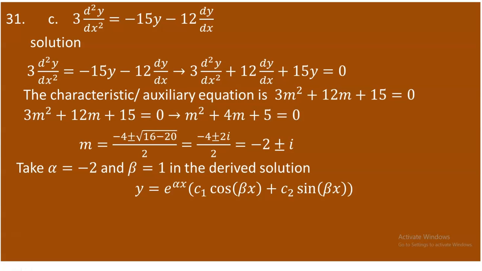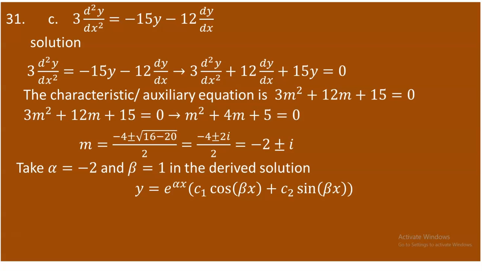And next from this, what comes is the solution way of writing. We obtained at the beginning that you see the solution is e to the power of alpha x into c1 cos beta x plus c2 sin beta x, but we knew what alpha and beta are here. So alpha is basically minus 2 and beta is 1.